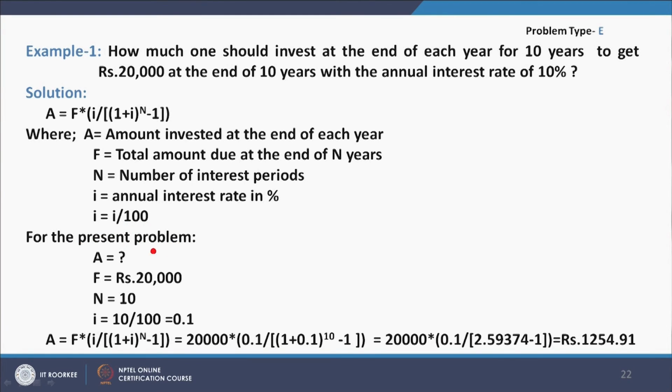In the present problem A is unknown, F is known, n is known and I is known. So, we put these in this equation. So, the A comes out to be 1254.91.